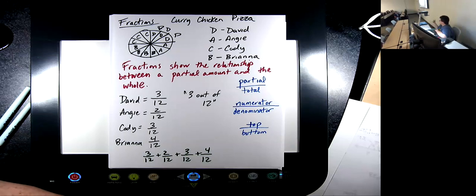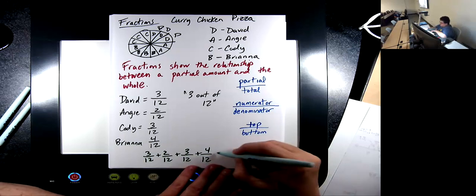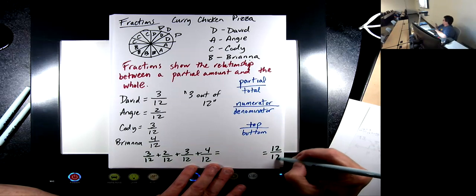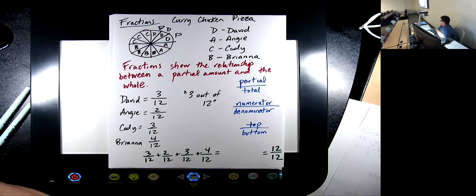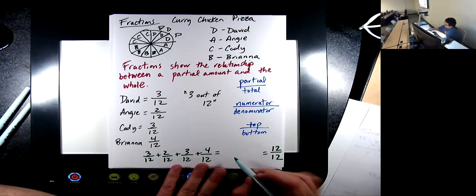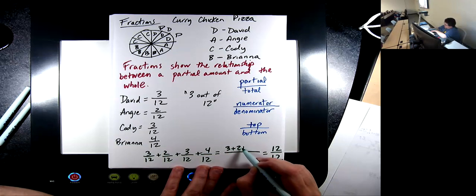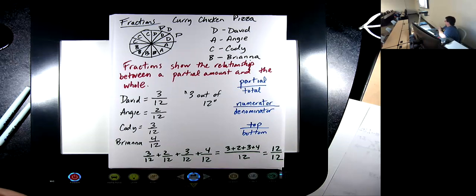If we didn't look at us as individuals but as a group, this should equal 12 slices out of 12, right? It turns out that if we add those numbers on top together, we just so happen to get 12.